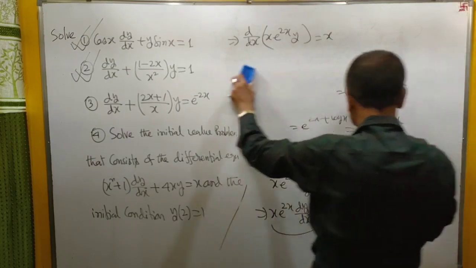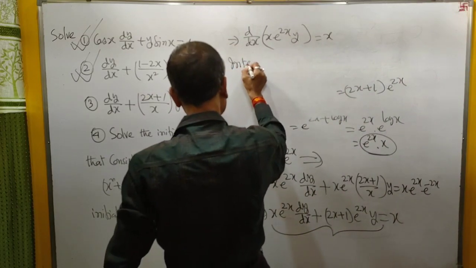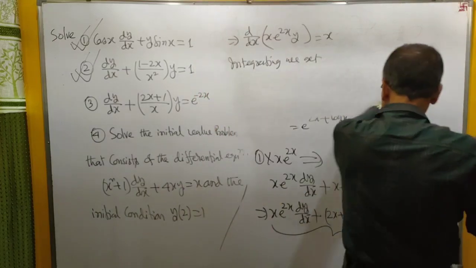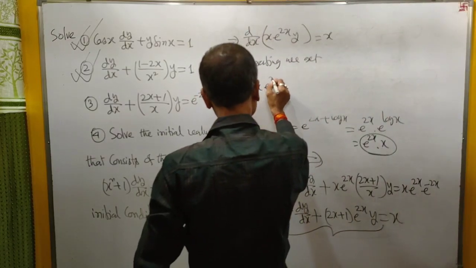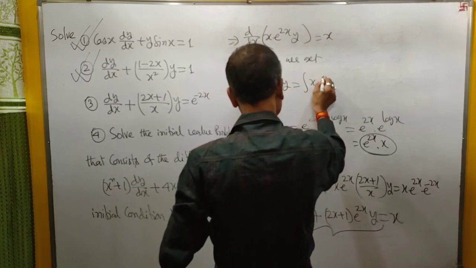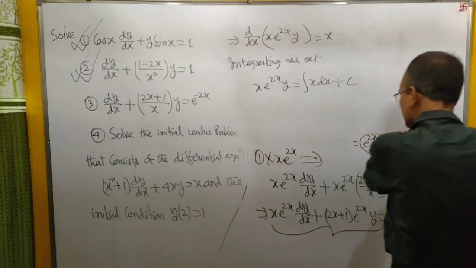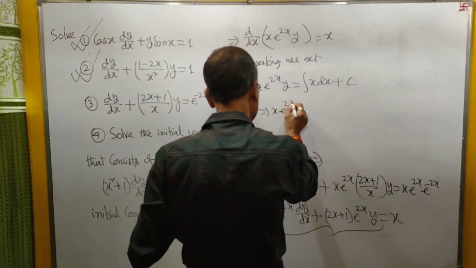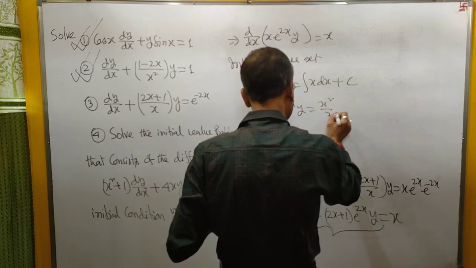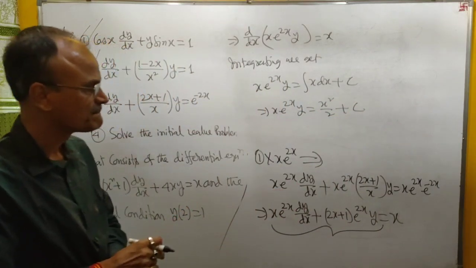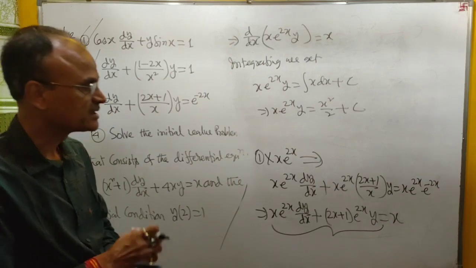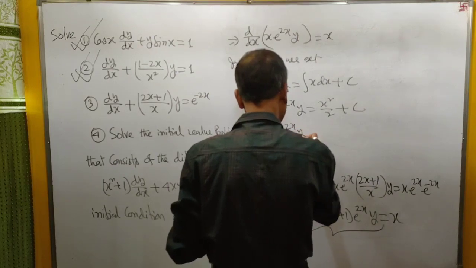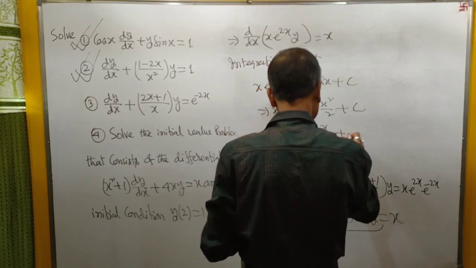Integrating, we get x e to the power 2x y equal to integral x dx plus c. C is the constant of integration. So x e to the power 2x y equals x square by 2 plus c. Or you may write e to the power 2x y equal to x by 2 plus c by x.